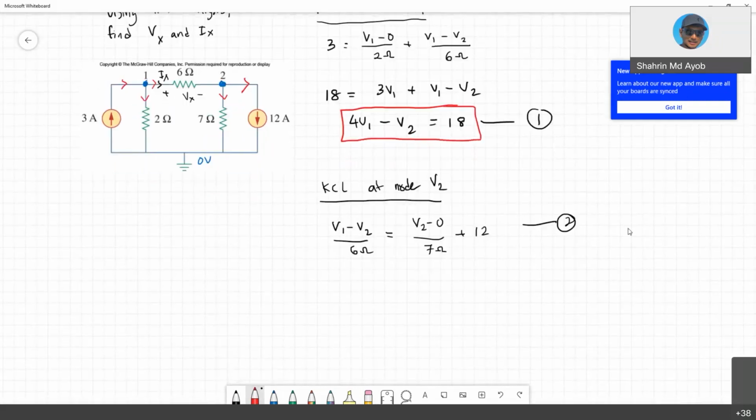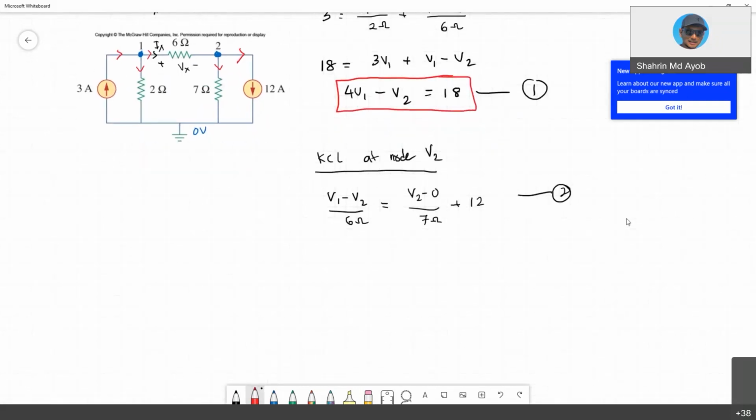Okay, next is actually node V2. You need to simplify this equation. How? So this one, I think, just write down V1 minus V2 over 6 ohm minus V2 over 7 ohm.